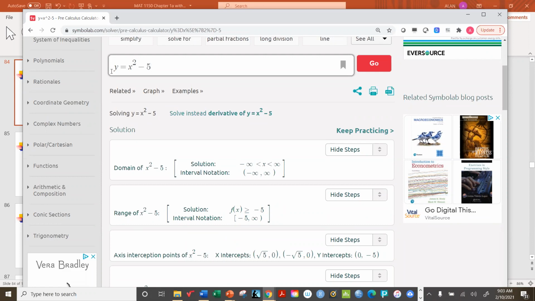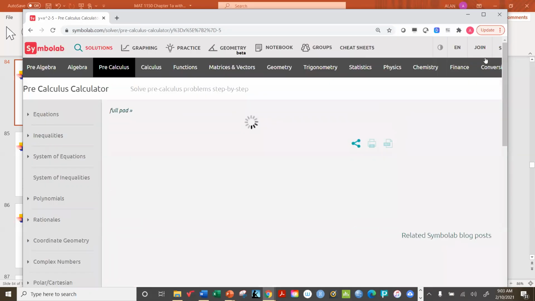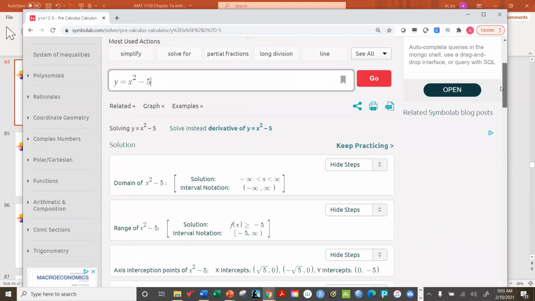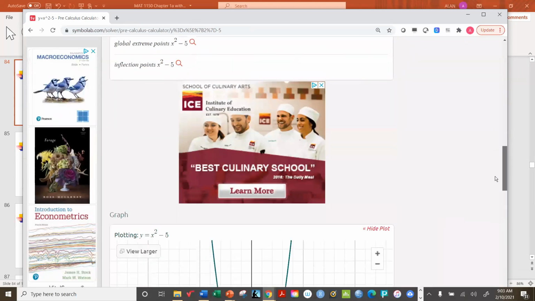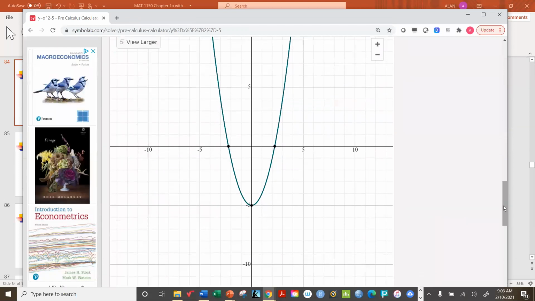So we're going to see why. Why is it the case that y can never assume a value less than -5? Let's look at the picture. Oh, there it is. And you can see the function starts at the point (0, -5). There is no value of x for which this function can take on a value below -5.